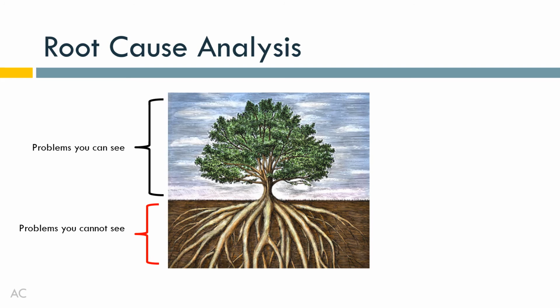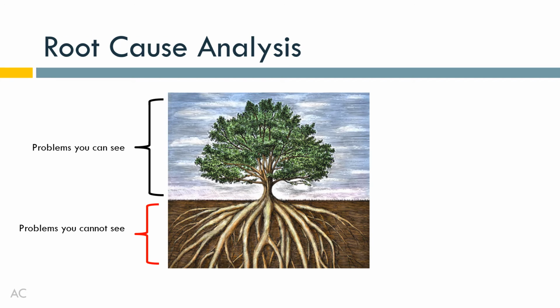So let's talk about root cause analysis. You can see a tree here that has the roots, and the green leaves are on the top. The root is just like how you see the root on a tree that's going way down, deeper, spread all apart. That's how the problems normally are in any organization.